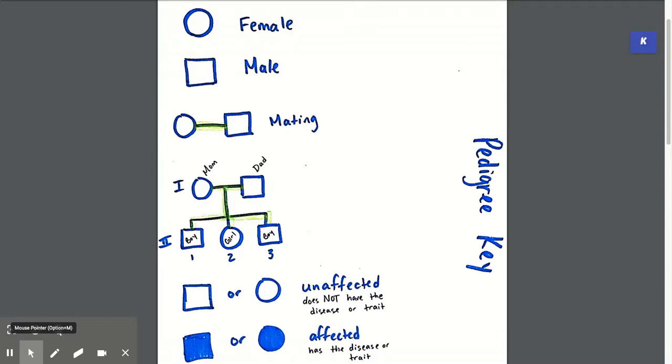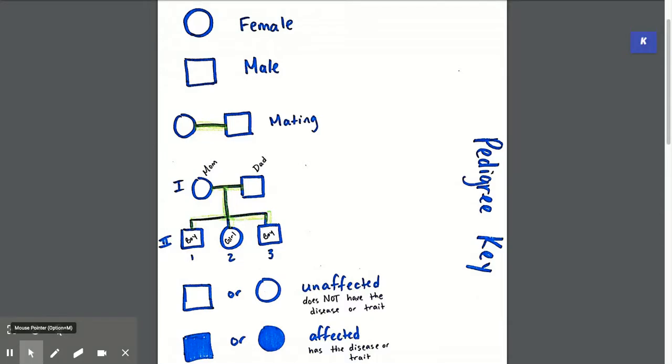At any rate, in a pedigree chart, we use Roman numerals on the left side. This would be the first generation, and then the offspring would be the second generation. So this is really a small pedigree chart. We use circles to represent females and squares to represent males.